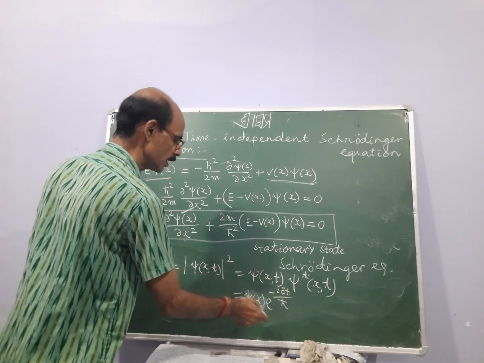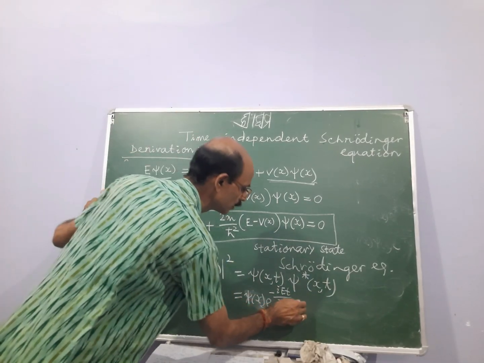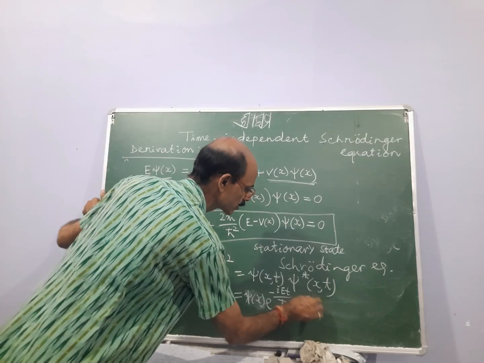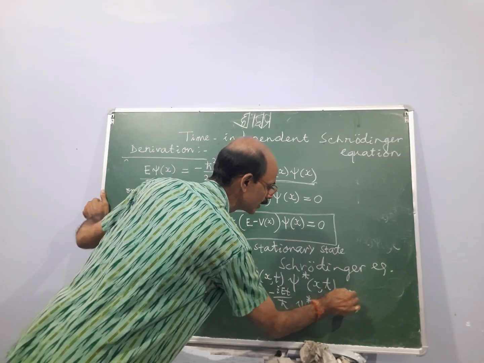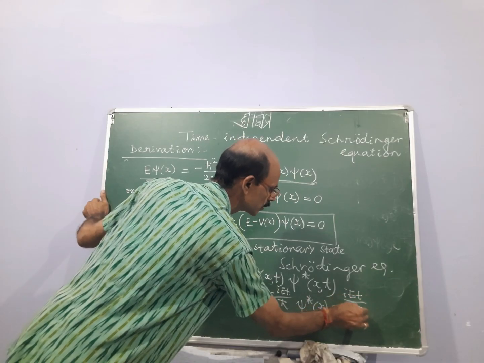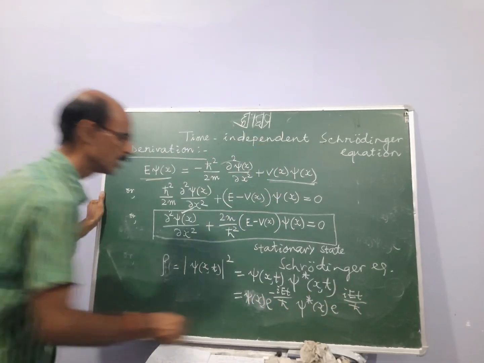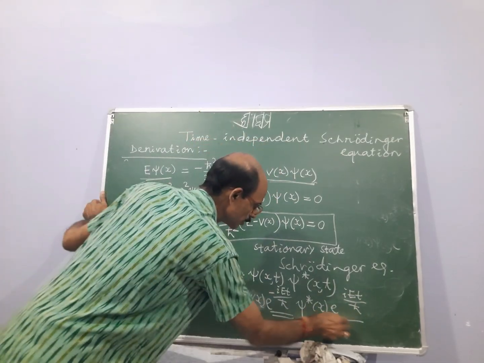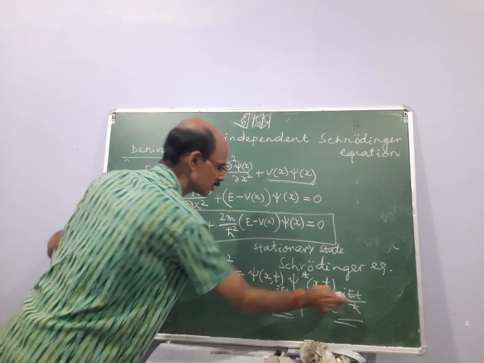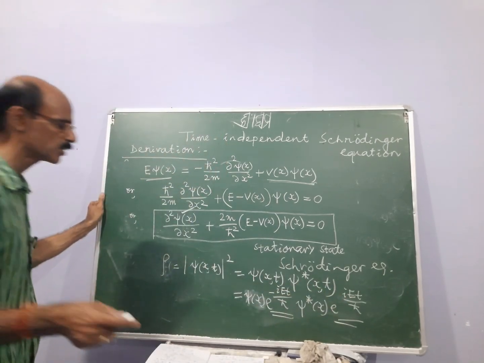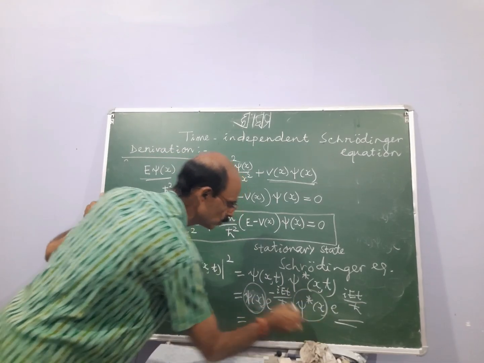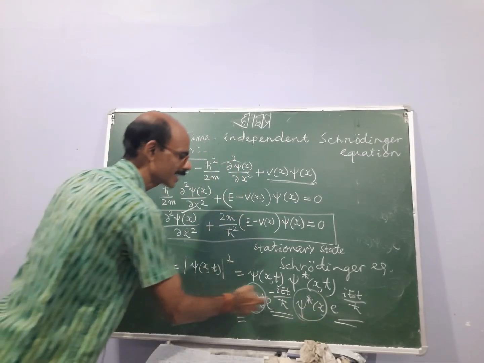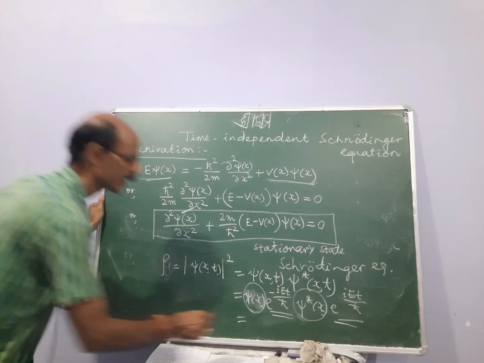This is psi x t, and its complex conjugate will be psi star x exponential plus i E t by h cut. If we multiply these, this is minus, this is plus, so exponential 0 means 1. So it becomes psi x into psi star x, that means psi x into the complex conjugate of psi x.